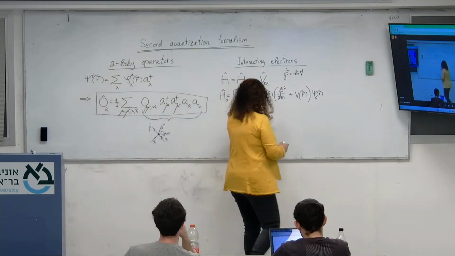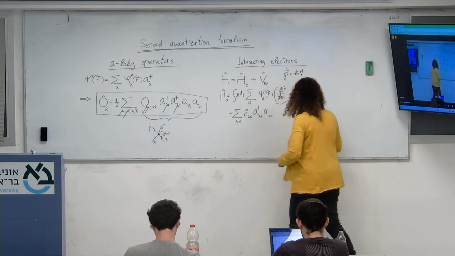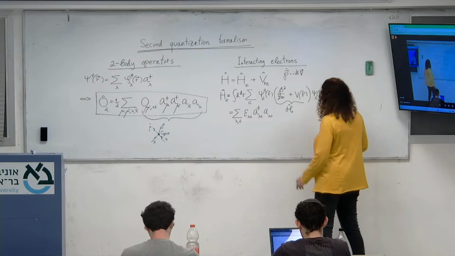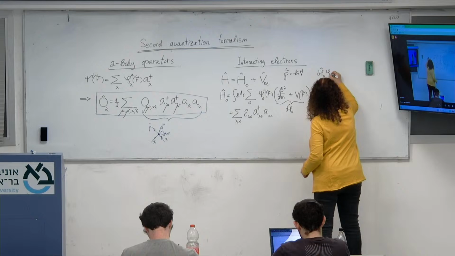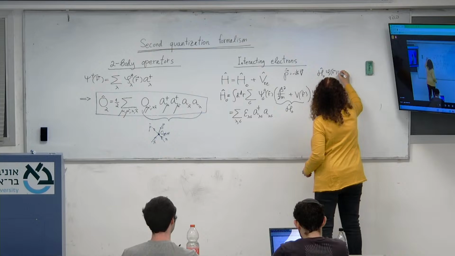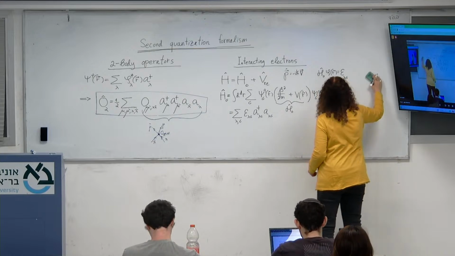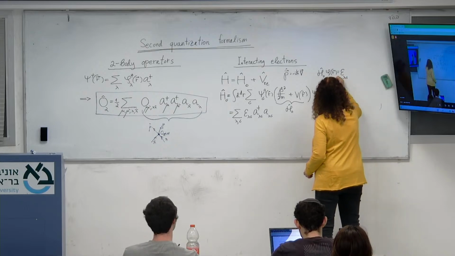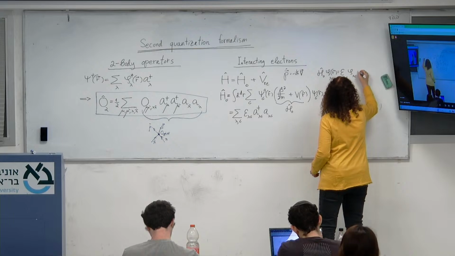I can even write it, so if I call this H naught operator, then I have some wave functions, phi of lambda.